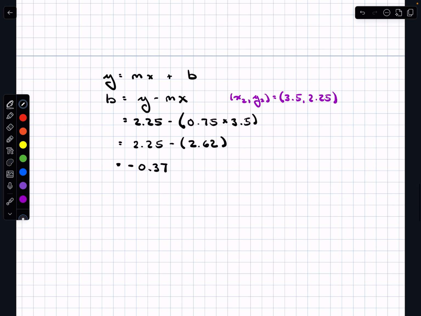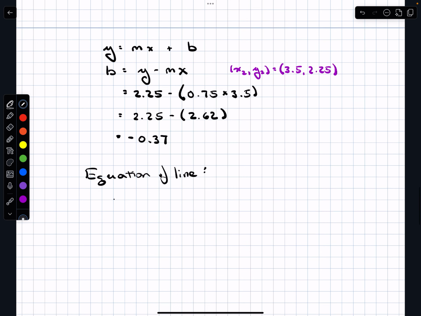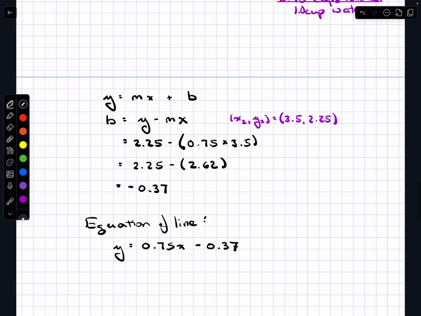So that is my value for my y-intercept. So my equation of the line for oatmeal and water is y equals 0.75x minus 0.37.